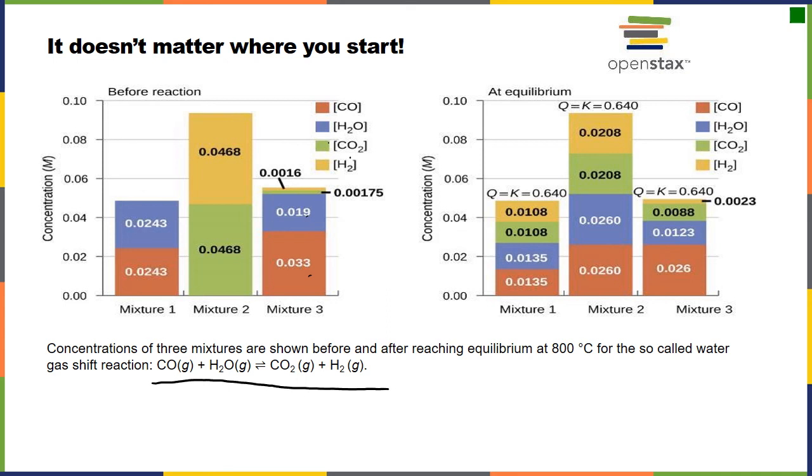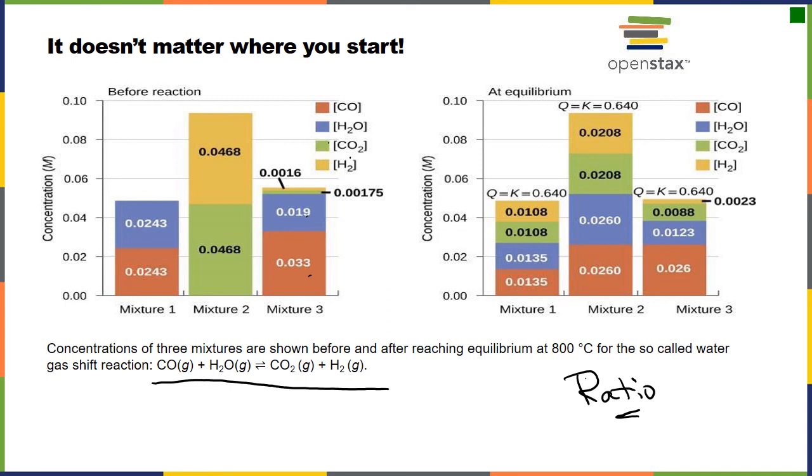So what it says at the end is that it is going to shift and reach equilibrium such that the ratios are going to equal the equilibrium constant no matter where you start from.